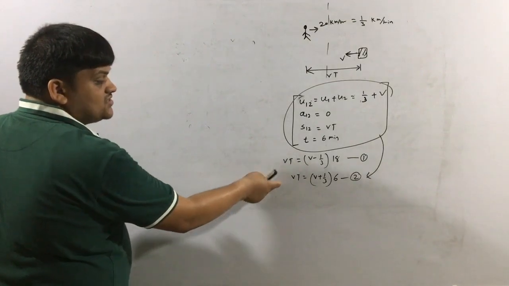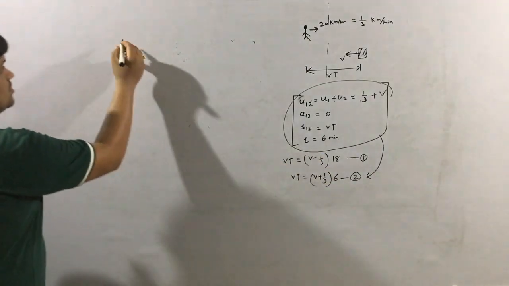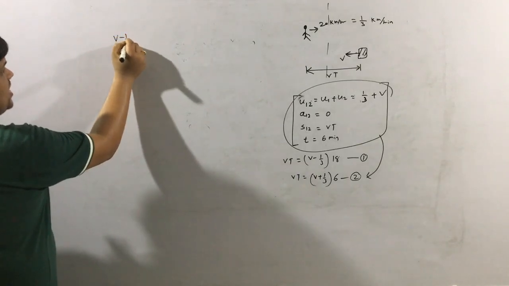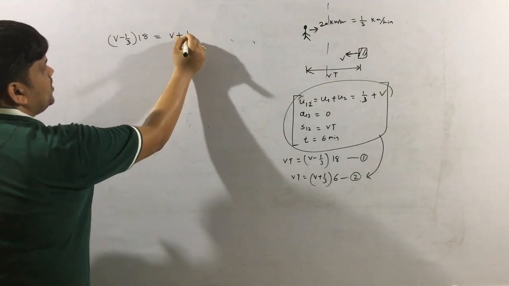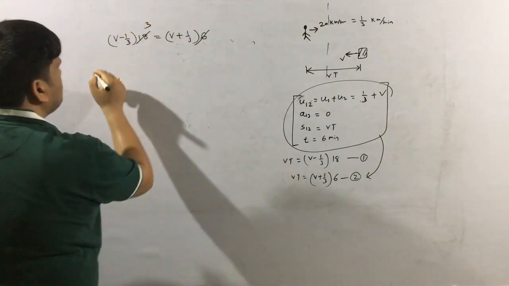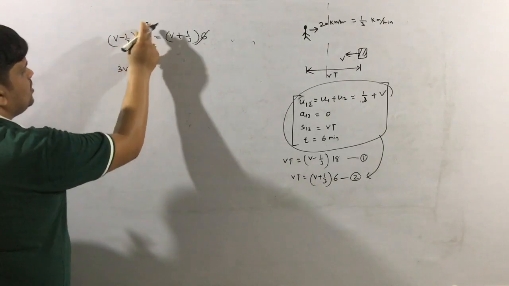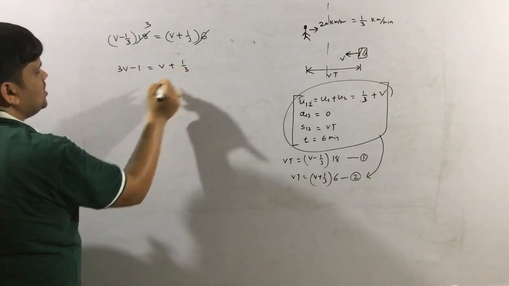In these two equations you can see that the LHS are the same, so I can compare the RHS also. So for the RHS I can write (v minus 1 by 3) into 18 equal to (v plus 1 by 3) into 6. If you cancel it out, you can write 3v minus 1 equal to v plus 1 by 3.